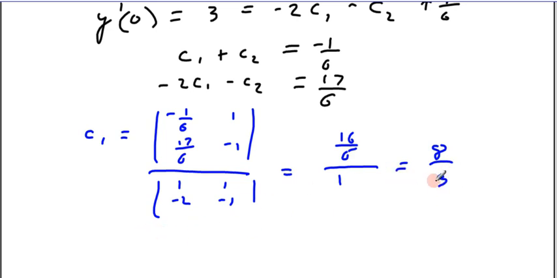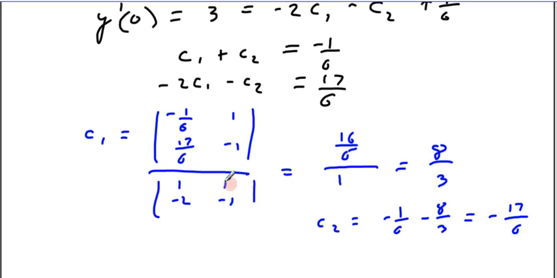Okay, well, if I'm 8 thirds for C1, what is C2? So C2 is going to be minus 1 over 6 minus 8 thirds, twice is 16, 17, minus 17 over 6.